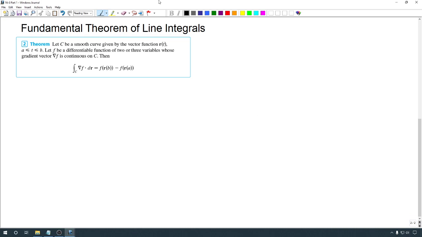This result, because it's so similar to our fundamental theorem of calculus, we're going to refer to as the fundamental theorem of line integrals.